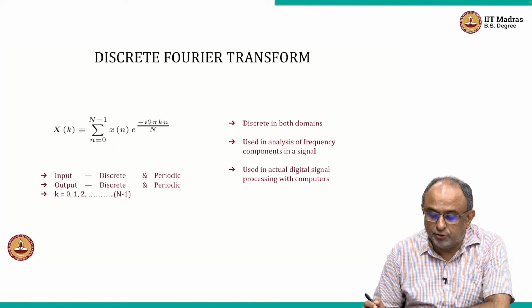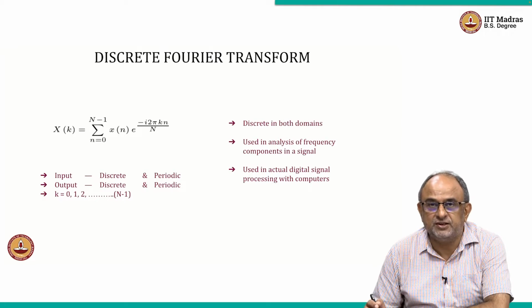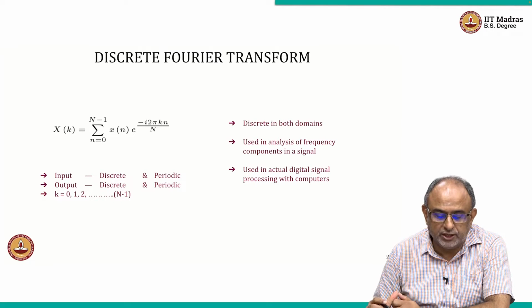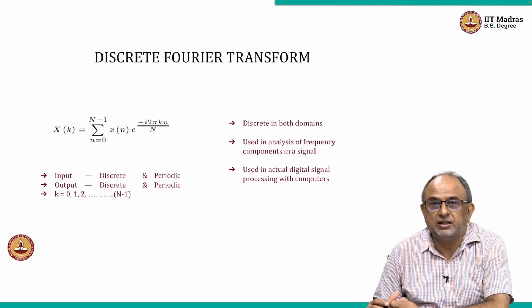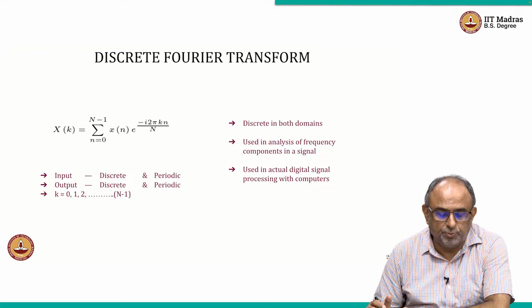Okay. But what is most important in all of this analysis is that we can do Fourier analysis on a digital computer by using something called the discrete Fourier transform. This is nothing but a special case of the discrete time Fourier series that we saw before.